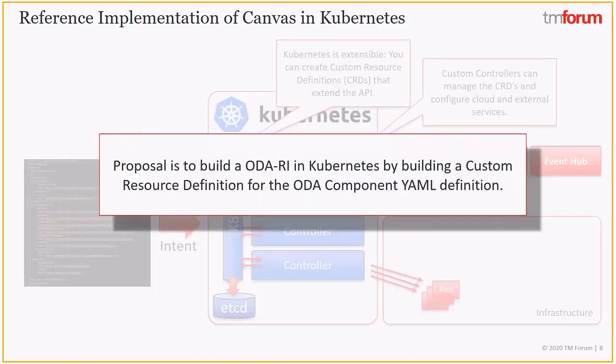So this is the proposal: to build an open digital architecture reference implementation in Kubernetes by building custom resource definitions for the ODA component YAML that I described earlier.